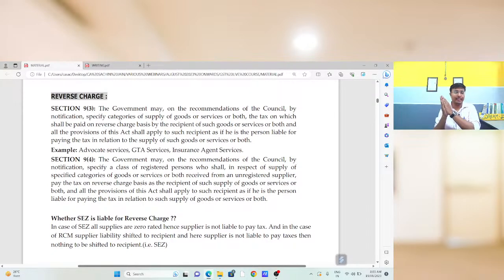Before starting the session, I just want to recap our last session. In our last session, we had discussed the general concept of GST, the deficiencies of the pre-GST regime, and the various mechanisms of goods and services tax, that is, the benefits of GST, one nation, one market. We had discussed the investment boost-up.